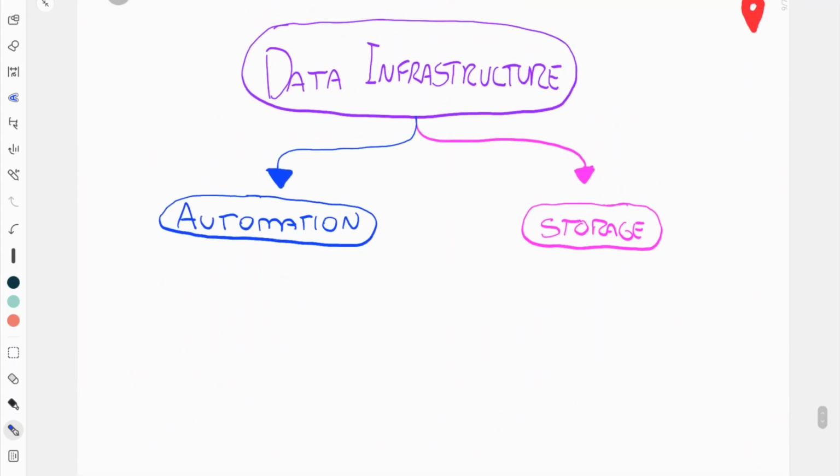Okay, now we know how data engineering plays a role, and also what a data platform is and what data pipelines are. But let's go back a bit and understand, maybe more aligned with data platform, what is data infrastructure?